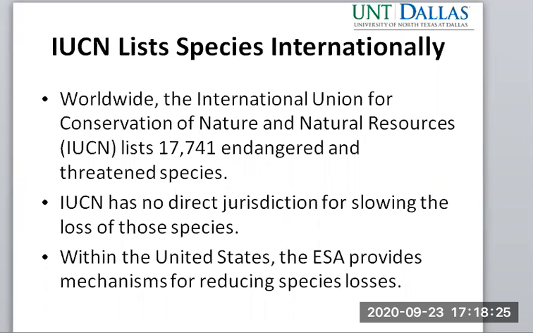Worldwide, the International Union for Conservation of Nature and Natural Resources lists 17,741 endangered and threatened species. But the IUCN has no direct jurisdiction for slowing the loss of those species. Within the United States, the Endangered Species Act provides the mechanisms for reducing species loss.